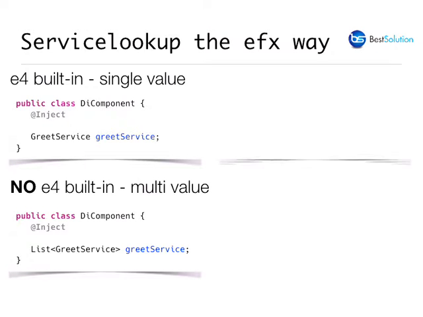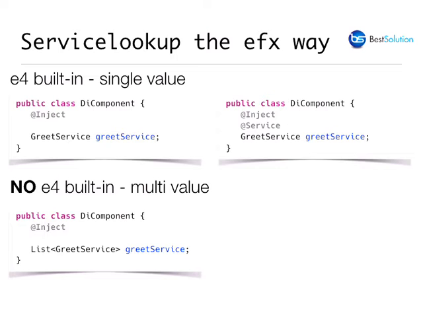So what we created in efxclipse is a special annotation. If you annotate an @Inject field or method with @Service, this annotation makes sure that you are following the OSGi semantics. So the requester of the service is really this class and this bundle.